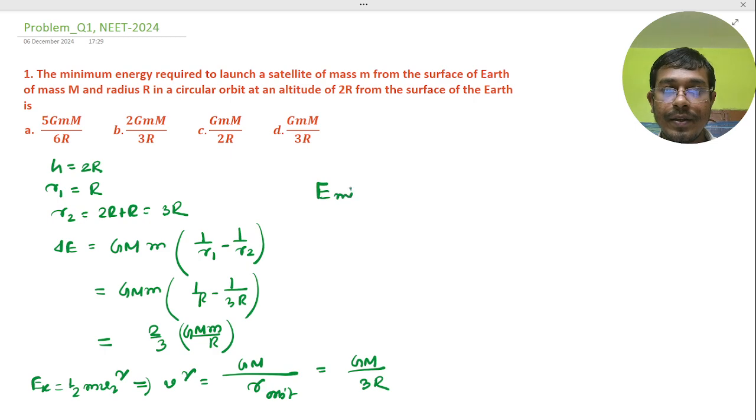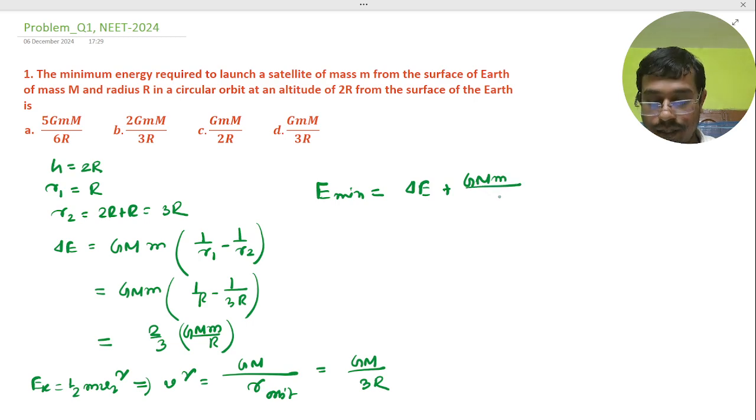So E minimum is delta E plus GMm by 6r, because we just got the result.